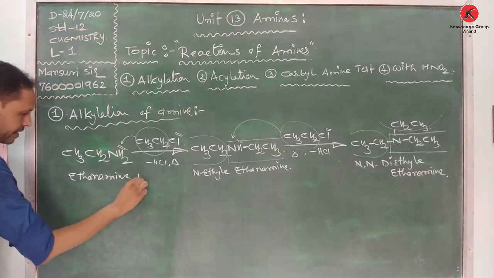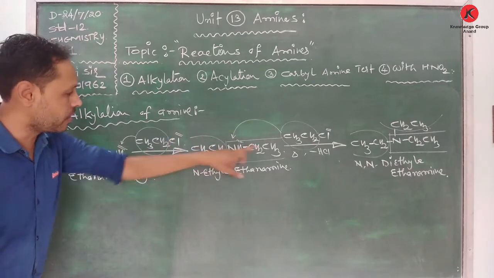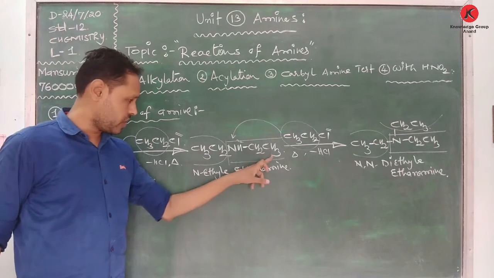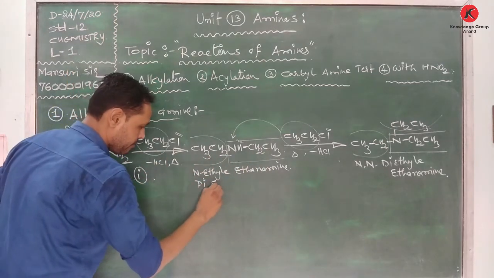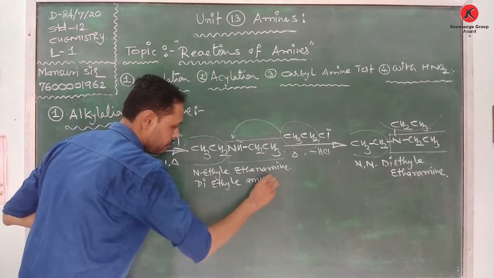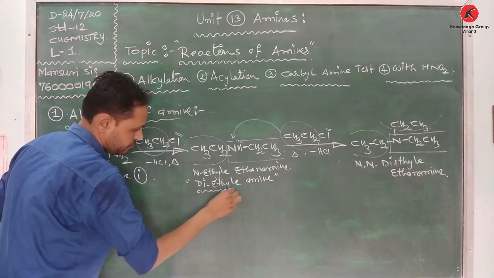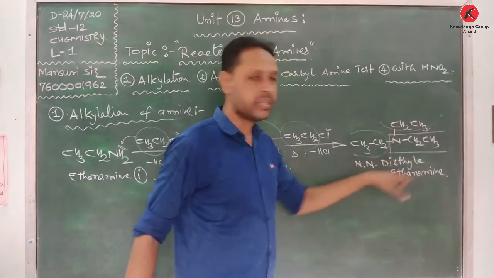So this is primary amine, 1 degree amine. Now it converts to secondary amine. Now what is the common name of the substance? The common name will be diethylamine. And here triethylamine.